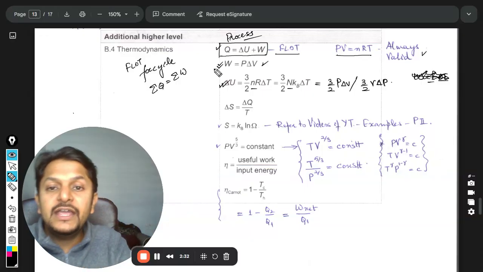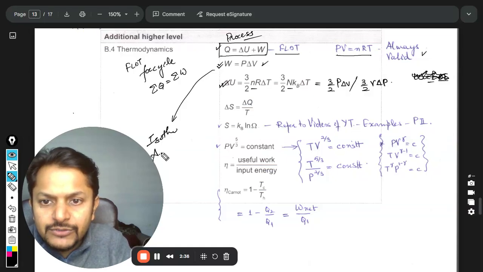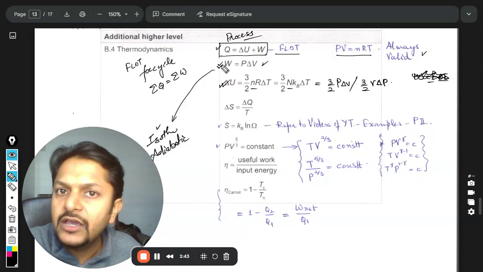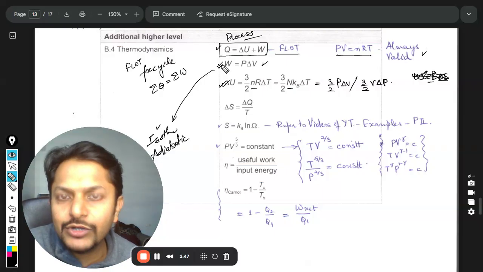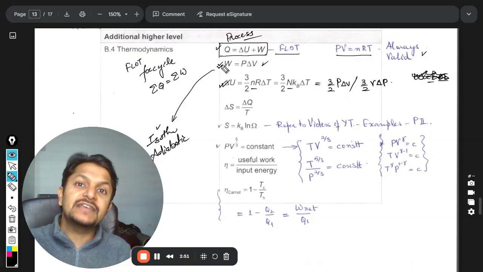But if it comes to an isothermal process or an adiabatic process, the formula for the work done is not in your syllabus. So if your teacher has given you those formulas, some of the students have reported to me, you need not remember that for the sake of IB physics at least.